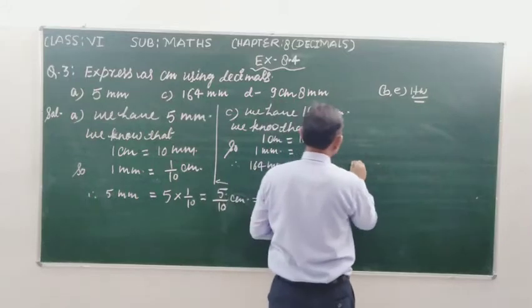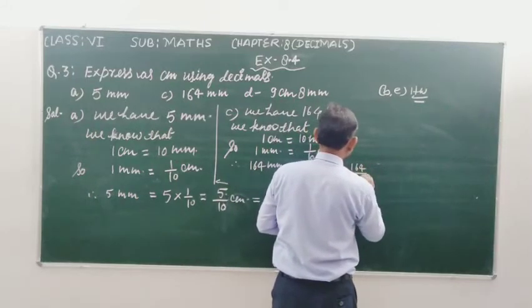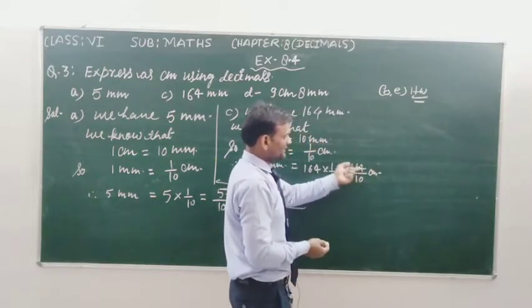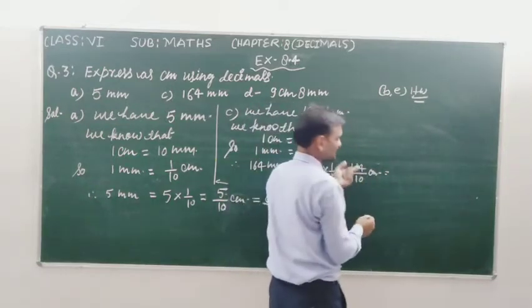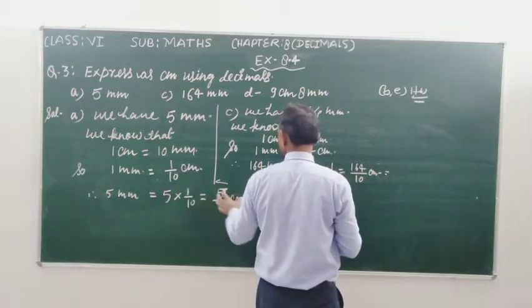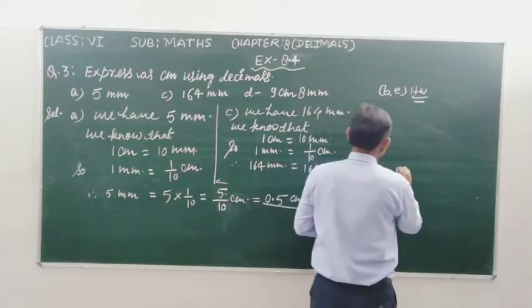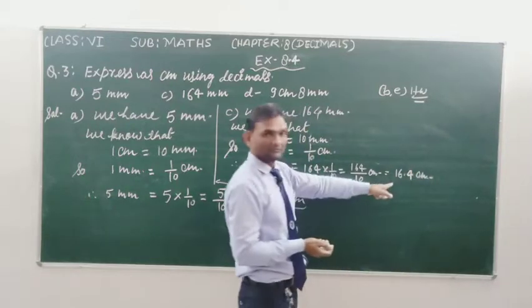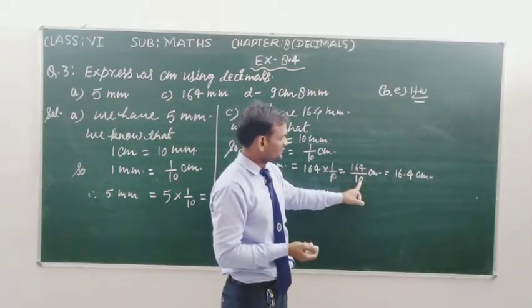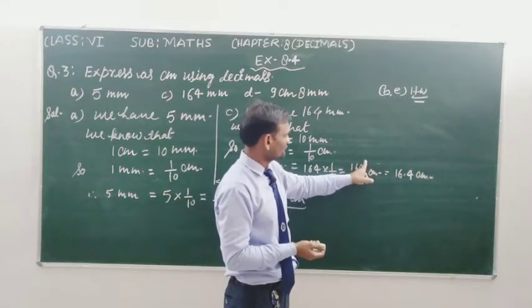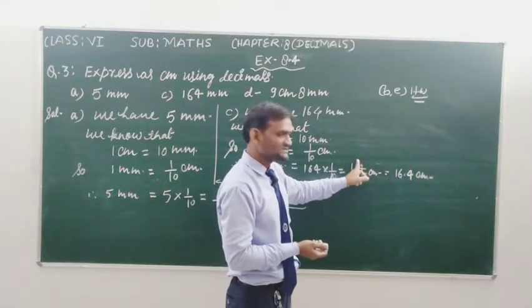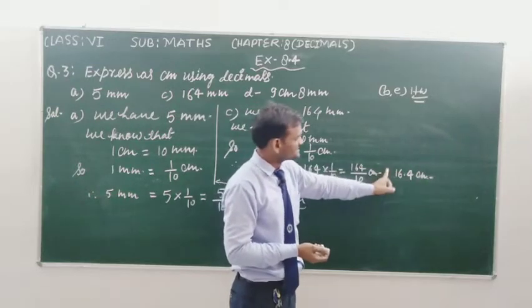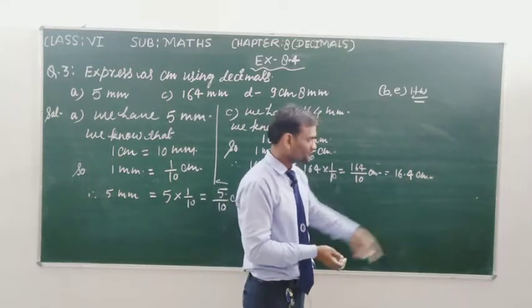Then we get 164 upon 10 centimeter. Now divide it by 10, so we get 16.4 centimeter. This has 1 zero, so the decimal point moves to the left one digit. So we use the decimal between 6 and 4. Then the answer will be 16.4.